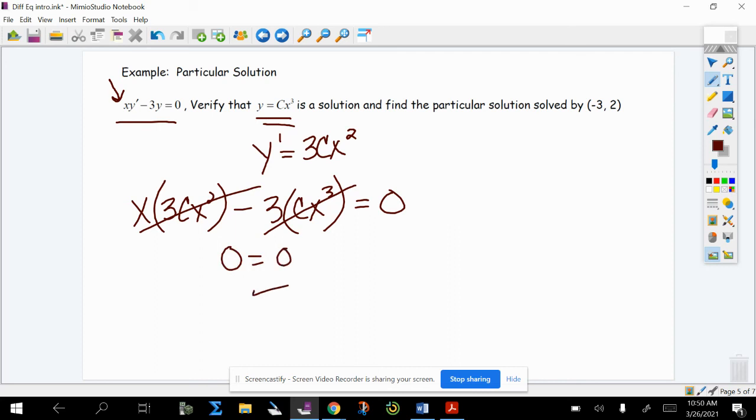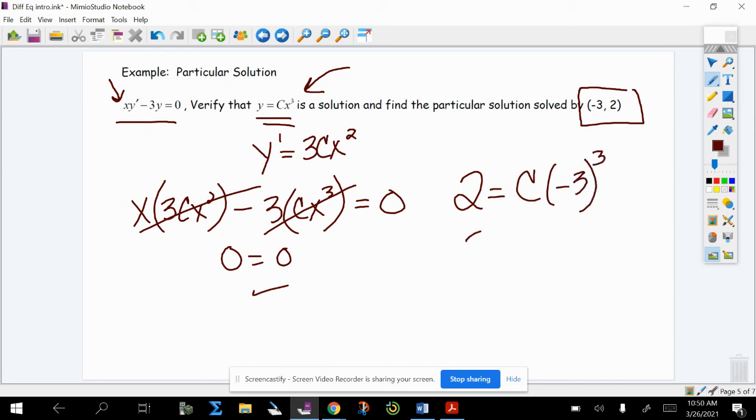And then finally, in order to find my particular solution, I have to have a point that gives me my x and my y that can be plugged into the general solution to find your c value. So when I put 2 in for y and when I put negative 3 in for x, I get 2 equals negative 27c. C value does not have to be a whole number. This one's kind of messy.